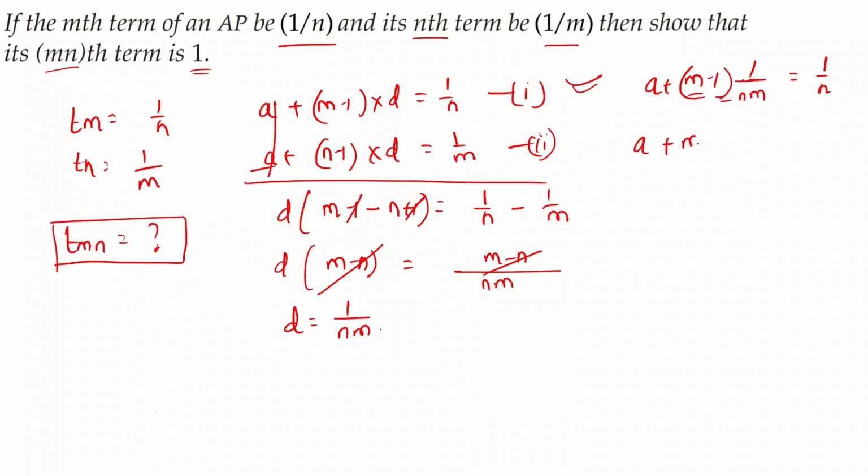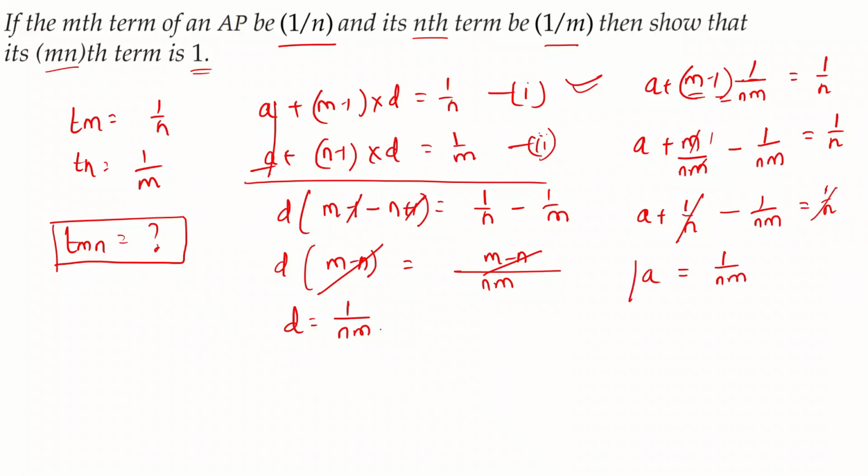So I get m by nm minus 1 by nm is equal to 1 by n. m by nm cancels out to give 1 by n. So A plus 1 by n minus 1 by nm is equal to 1 by n. So 1 by n cancels out. I get A is equal to 1 by nm. So we see that A and D both turn out to be equal.